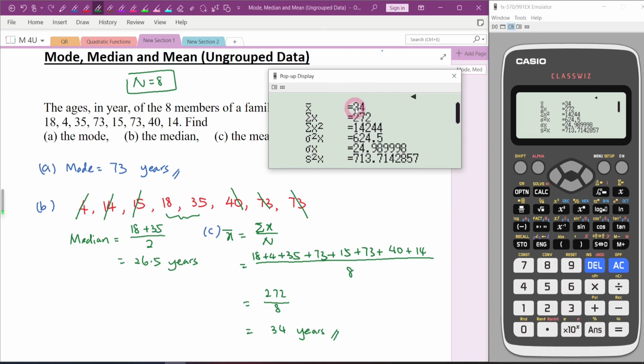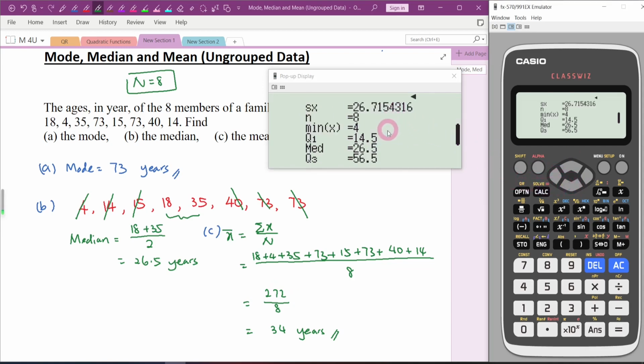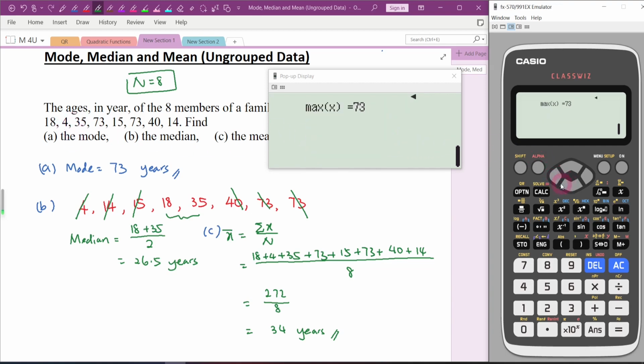Okay, our mean, this is mean, which is equal to 34, correct? Sum of x, 272, this correct. This is mean, this is sum of x, and minimum is 4, maximum, let me show the maximum first.